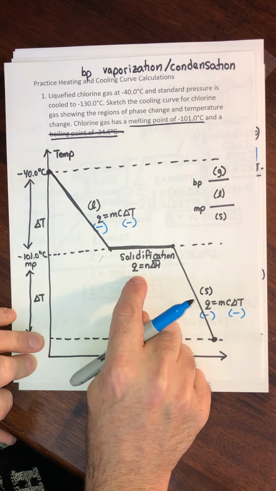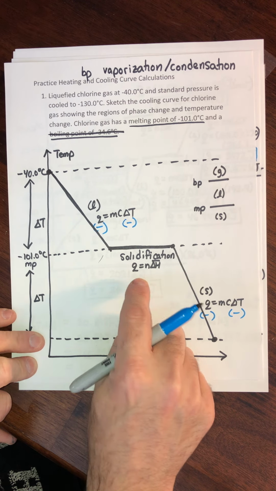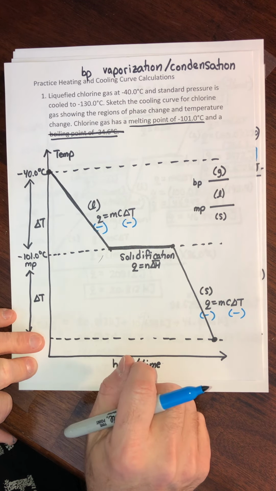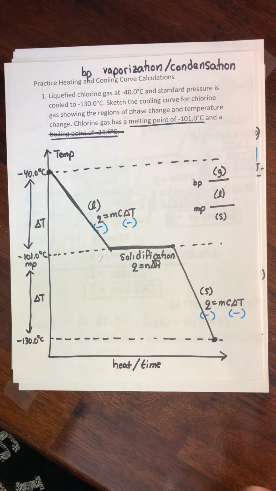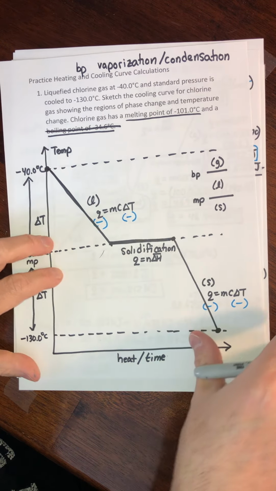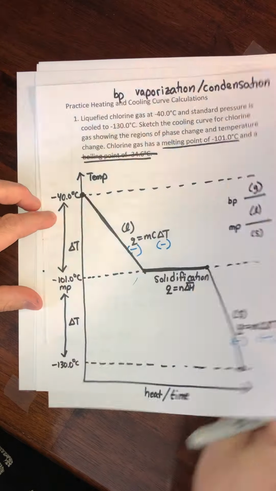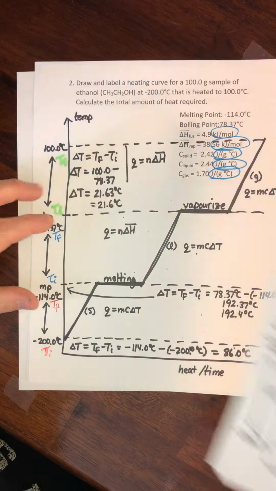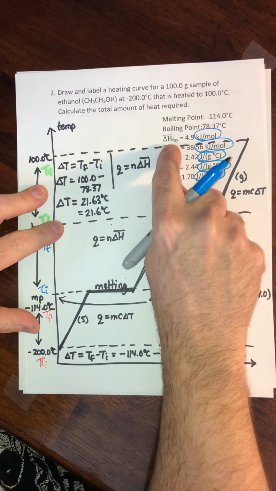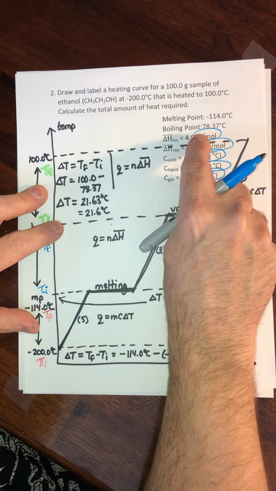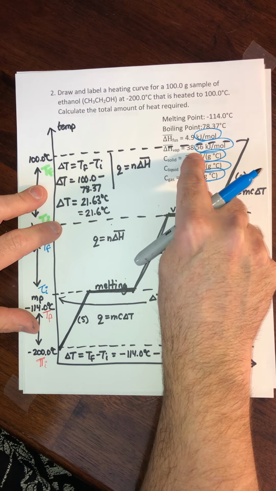If you're talking about solidification or condensation, which is the opposite, in the world of thermodynamics, the opposite process always gets the opposite sign. So if we go back to this problem, when I gave the delta H of fusion and vaporization, they were both positive numbers.